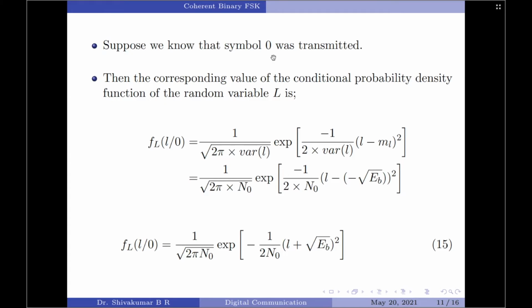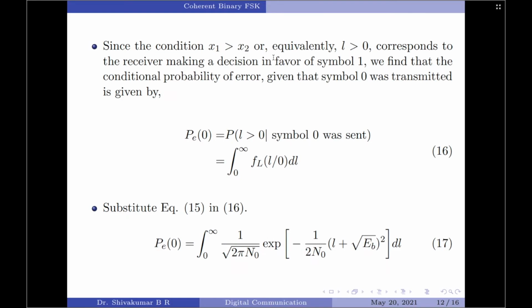And as we have previously said, deciding in favor of symbol 1 is nothing but the value of x1 greater than the value of x2. Now, since x1 minus x2 is equal to L, when x1 is greater than x2, the value of L is always greater than 0. That is why instead of writing x1 greater than x2 here, I have directly written it as L greater than 0.